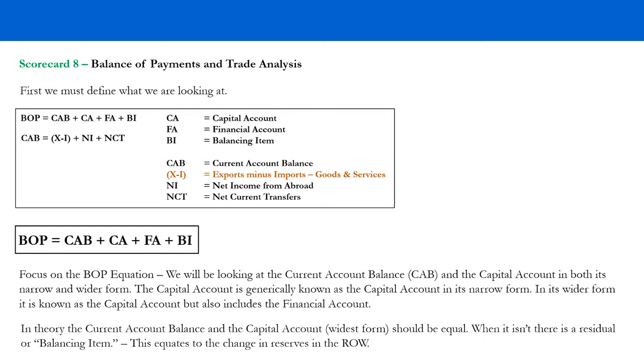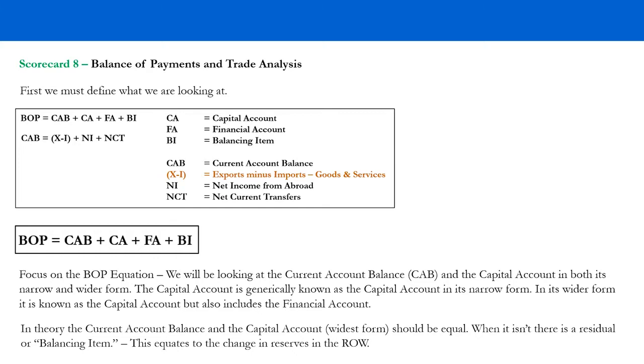So when you hear somebody mention in the press, in the media, the capital account, what they mean is the capital account in its narrow form. In its wider form, it's also known as the capital account, but it includes the financial account. So by definition, the wider form of the capital account is the capital account plus the financial account.